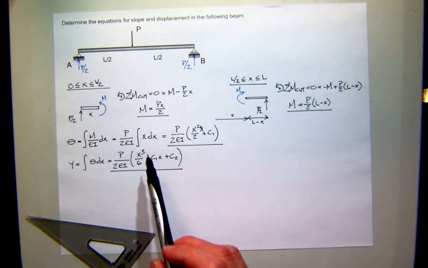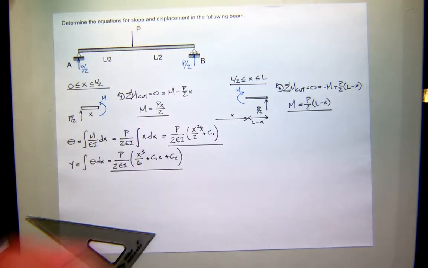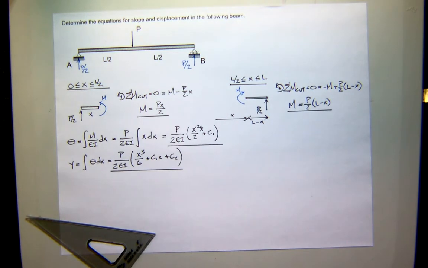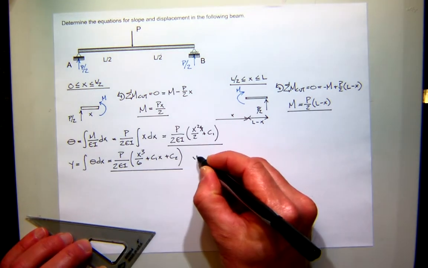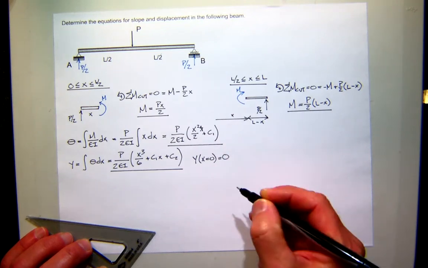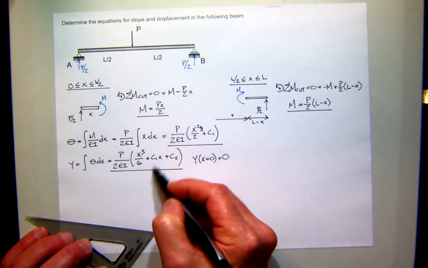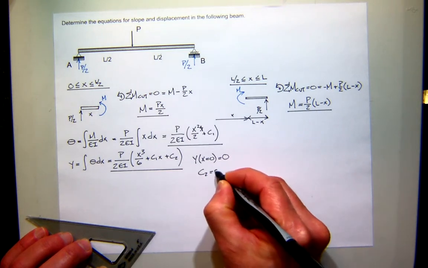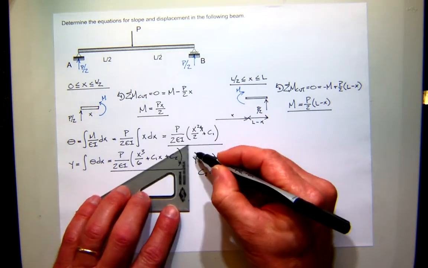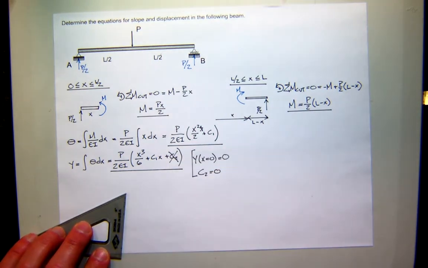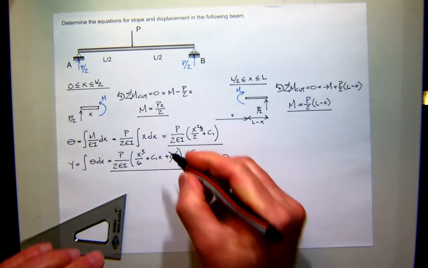So what do I know about displacement between 0 and L over 2? We do know the displacement at the pin support. It's 0. So the displacement at x equals 0 is 0. So I plug that in, 0, 0. What does that say? C2 is 0. So I can go ahead and cross that out. That one's gone. Let me use a different color. Maybe it'll show up better.